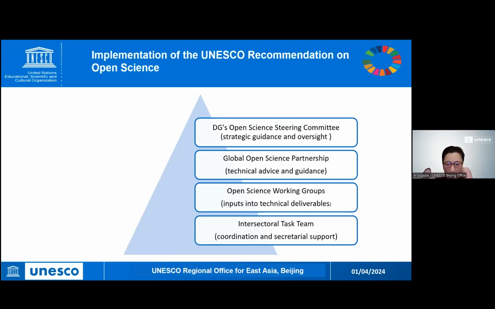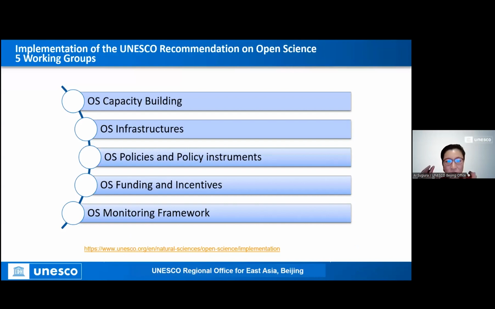All this, we are participating in supporting the implementation of this recommendation. And actually, the working groups, as I said earlier: the capacity building one, open science infrastructure, the policy and policy instrument, the funding and incentives, and the monitoring framework.